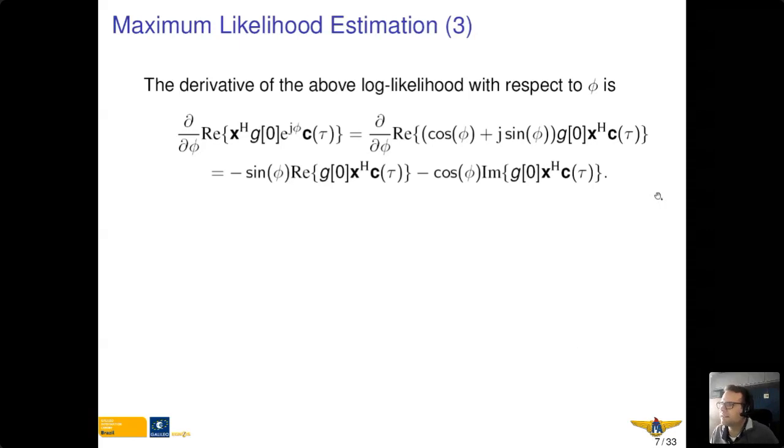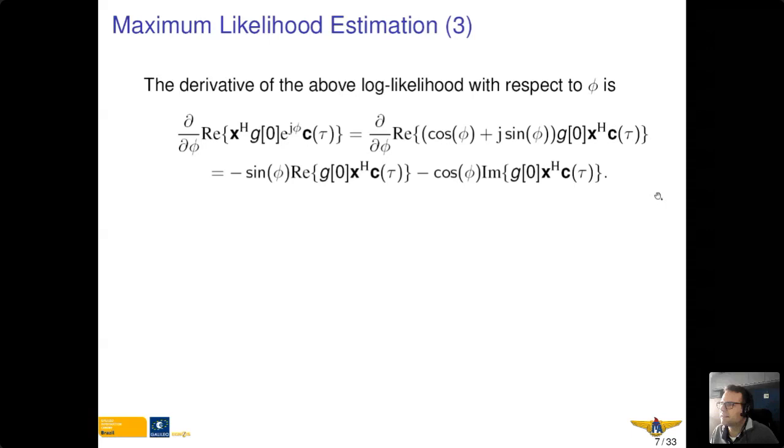We can expand the exponential into cosine phi plus j sine phi times g0 x Hermitian c. And this is equivalent to minus sine phi times the real part of g0 x Hermitian c of tau minus cosine phi times the imaginary part of g0 x Hermitian c.